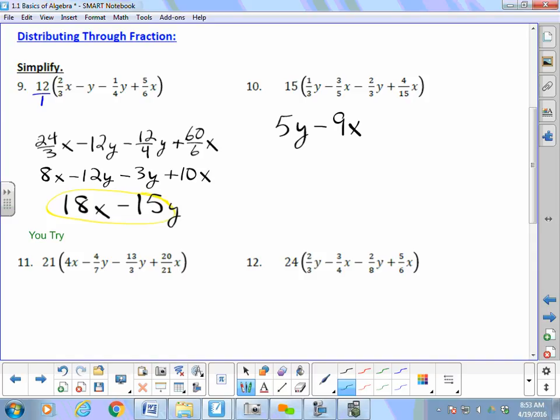So 5 times negative 2 is negative 10y. The last one is 15. 15 goes into 15 one time. So 1 times 4 is 4x.